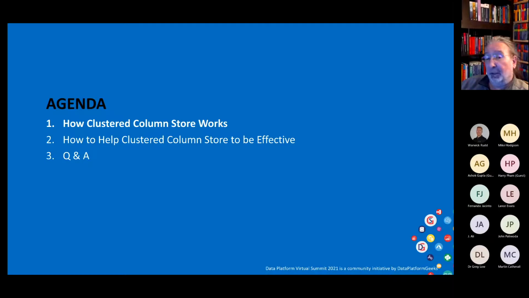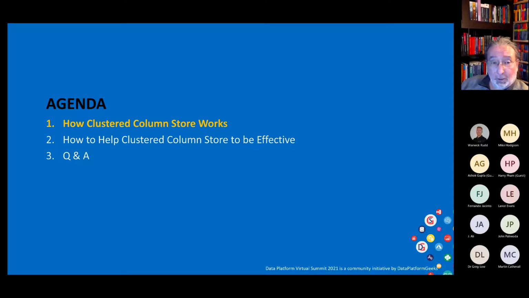This session will show you that if you follow a couple of extra rules that are not in the big top lines of the Books Online, but are kind of there, nicely hidden, you can make column store much more efficient. And then you can ask me as many questions as you want.